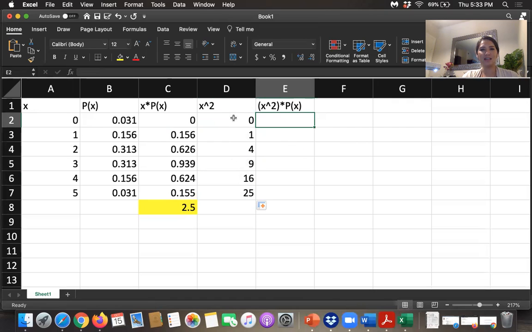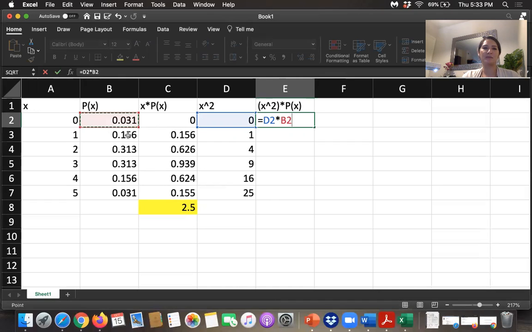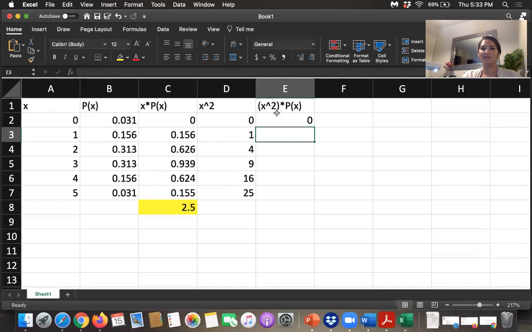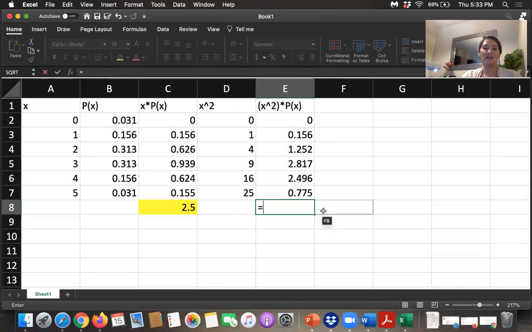So you've got these x squareds here, and you want to multiply them by the corresponding probabilities. So we'll type equals, and then we'll grab the x squared, and then asterisk for multiplication, and then multiply by the corresponding probability. Hit return, and then just drag and drop. And then we want to add all of those together.